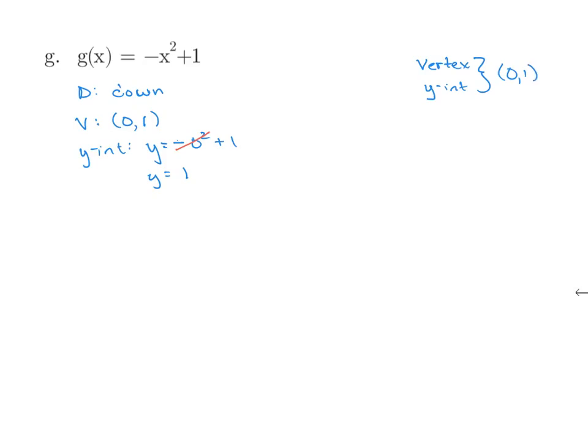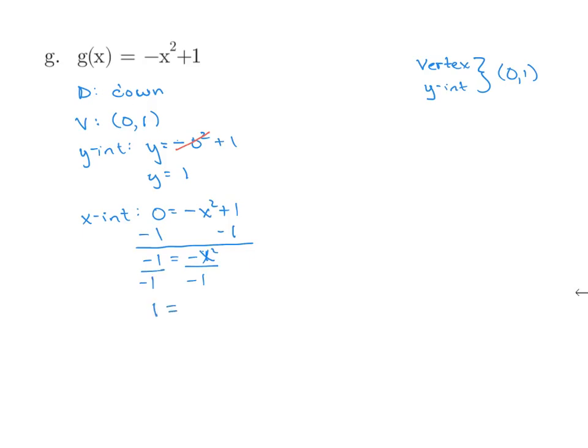Okay, let's find x-intercepts. I'm going to plug in 0 for y. We get minus x squared plus 1 is equal to 0. I'm going to solve using the square root property, so I'm going to subtract 1 from both sides. And then I want to divide by negative 1 in order to get my x squared term by itself.